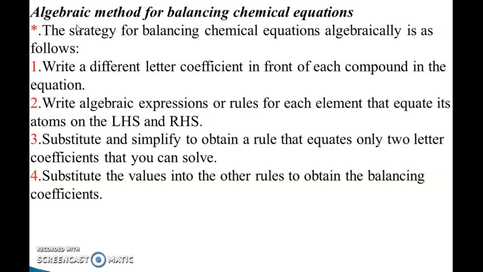So the main strategy of balancing a chemical equation algebraically is as follows. First, we have to write down a letter coefficient. A letter coefficient is A, B, C, D, and so on, not a numeric coefficient like 1, 2, 3, 4.